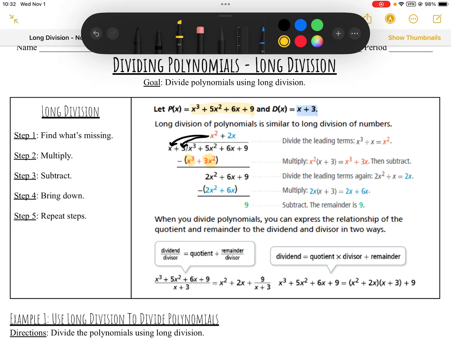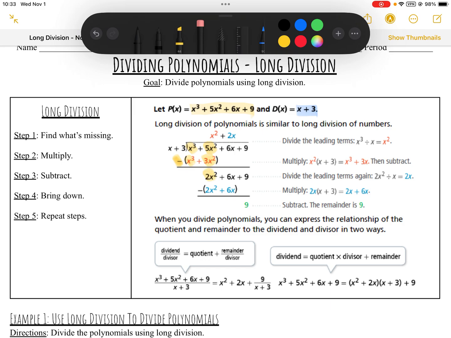Now step 3, I need to subtract. x cubed minus x cubed is going to give me 0. The whole point of that is to make it go away when we subtract. Then 5x squared minus 3x squared will give me 2x squared.